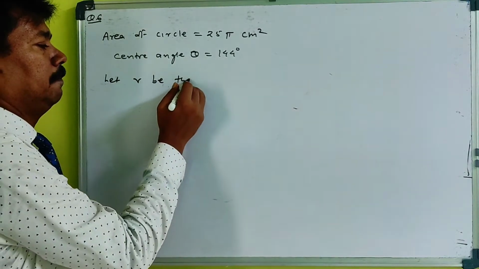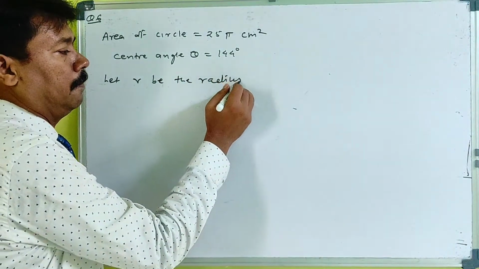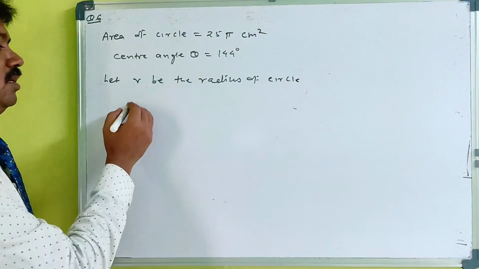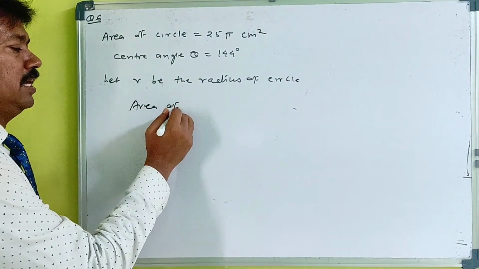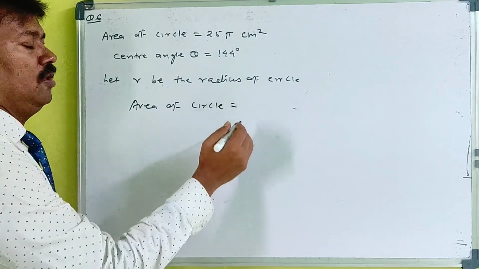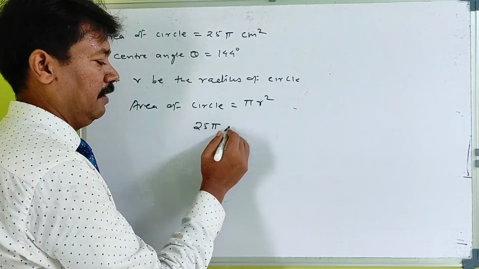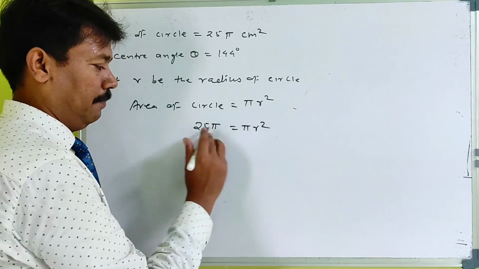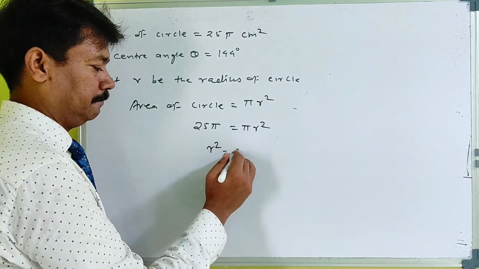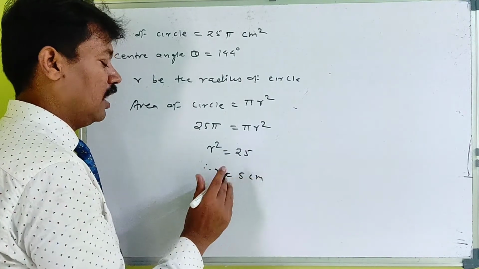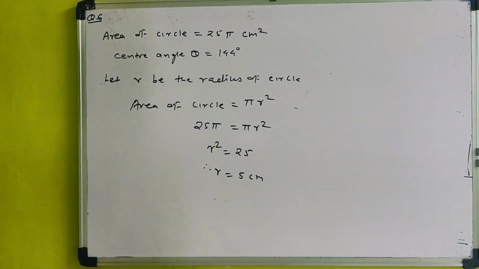So what do we assume? Let r be the radius of the circle. We know that the area of a circle is always pi r square, and this is given as 25 pi. Pi cancels. So r square is 25, therefore r is 5. So you got the value of r as 5 centimeter.